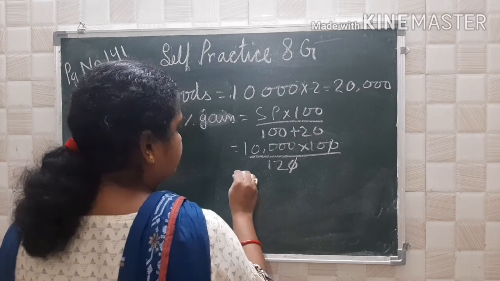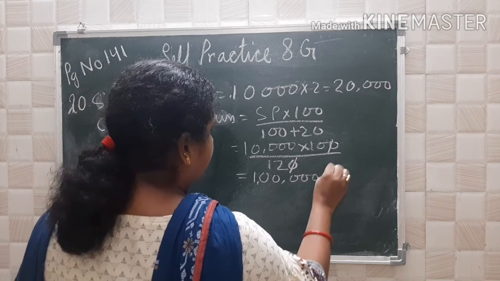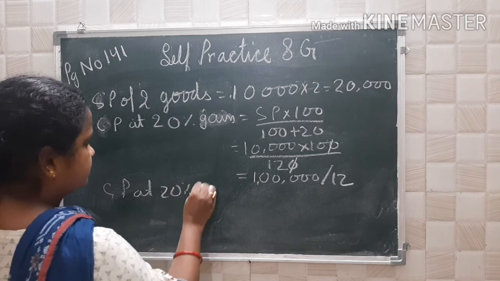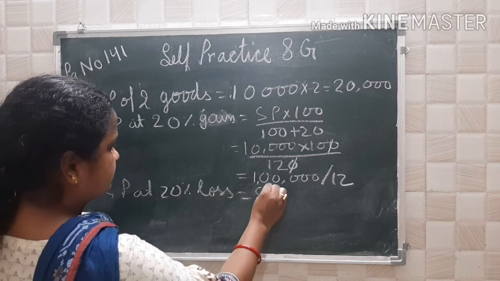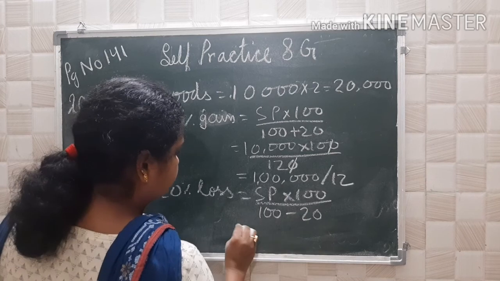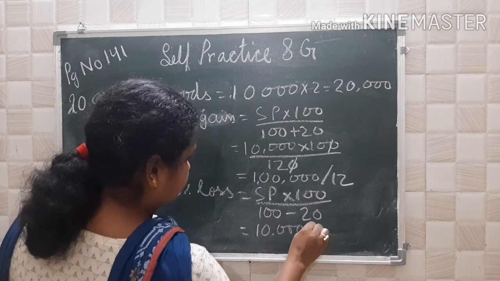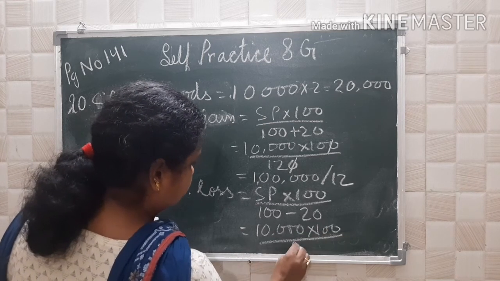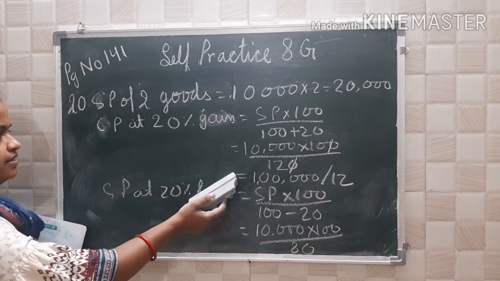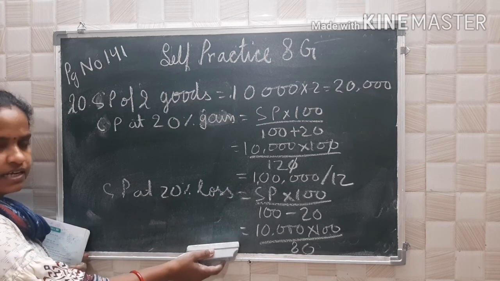Zero cancel out, 1 lakh upon 12. Okay, so you have got this as CP at 20% gain and CP at 20% loss. So it is 1 lakh upon 12 and it is 1 lakh upon 8.